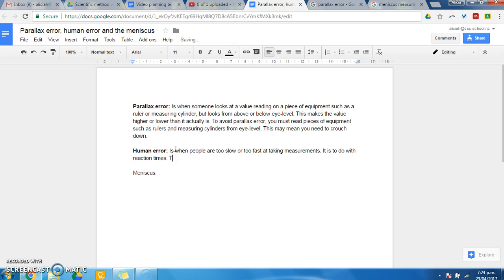When you're too slow or too fast at taking measurements, it is to do with reaction times. To avoid human error in experiments, you should always have the same person doing the timing, or it could be reading of a ruler, to ensure that they are doing it the same way each time. Another way that you could avoid human error would be if you had more than one person doing the same job.